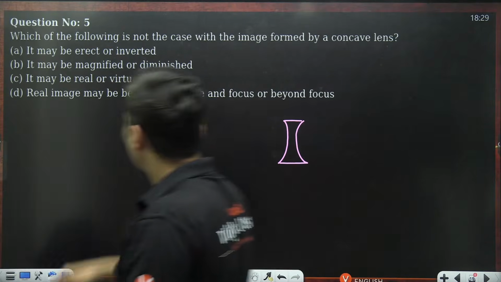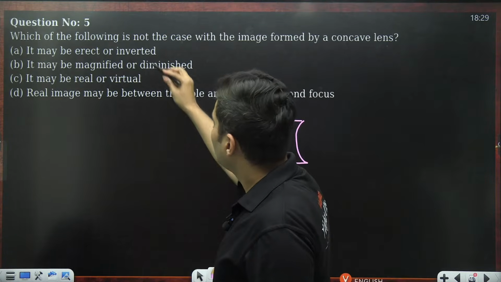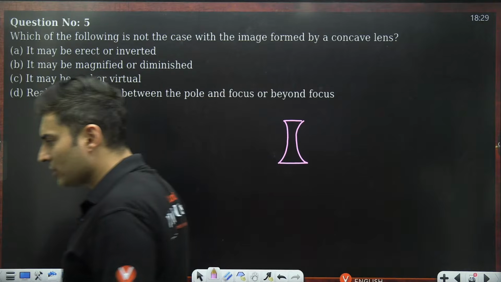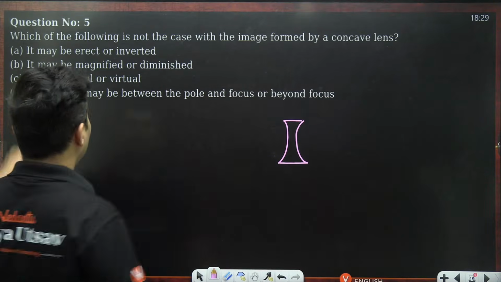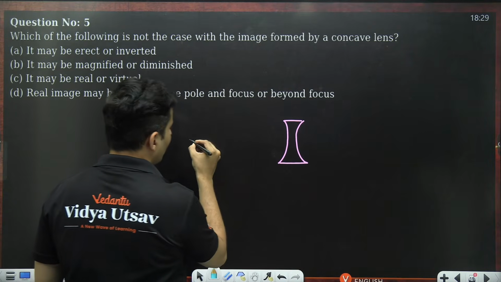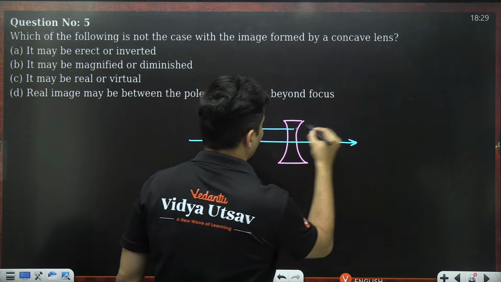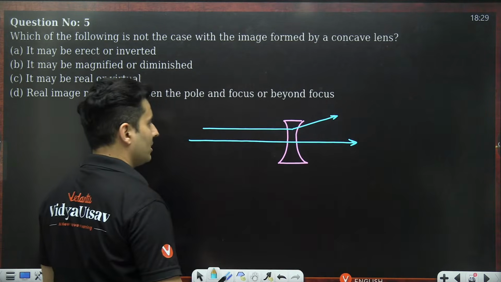From a concave lens, can you get an inverted image, guys? Ever? Is it possible? Which of the following is not the case? Can you get an inverted image? Because if you remember correctly, one ray will go directly like this. Any other ray will go like that because it will always diverge.